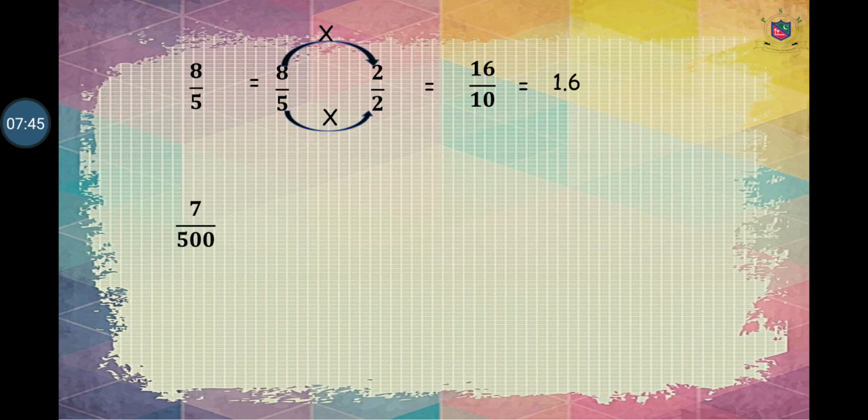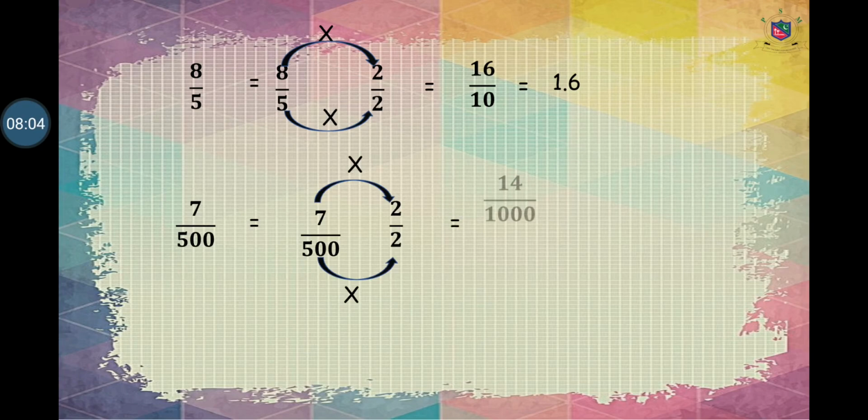Let's have the next example, 7 upon 500. Can we change 500 to 100 or 1000? Yes, if we multiply 500 by 2, we can convert it to 1000. So it will be 14 upon 1000.